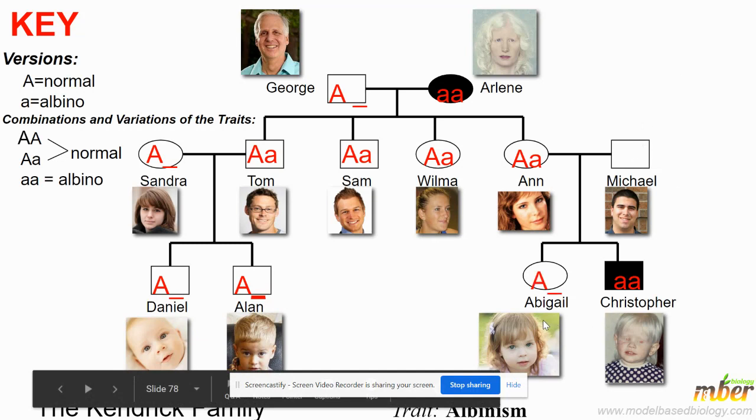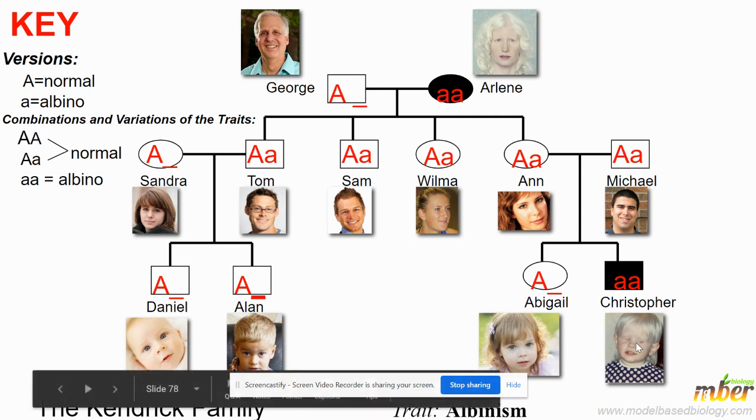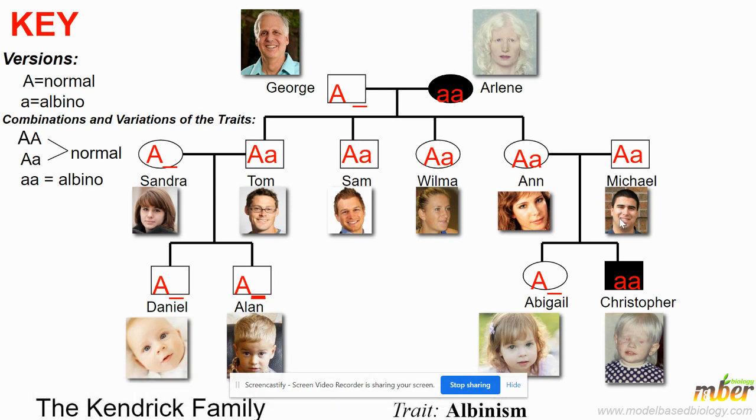Michael, Abigail, because we don't know what dad is here, Abigail here appears to be normal. So we can assume that Michael, in order for Christopher to get 2 little a's, he had gotten one from dad and one from mom. Because Michael doesn't appear to have any pigmentation differences, he is going to be normal. So he is going to have a big A, little a.